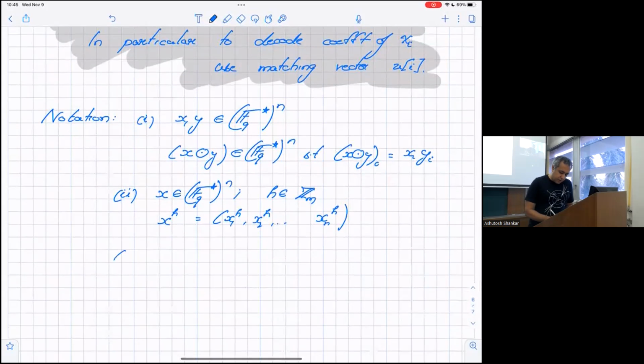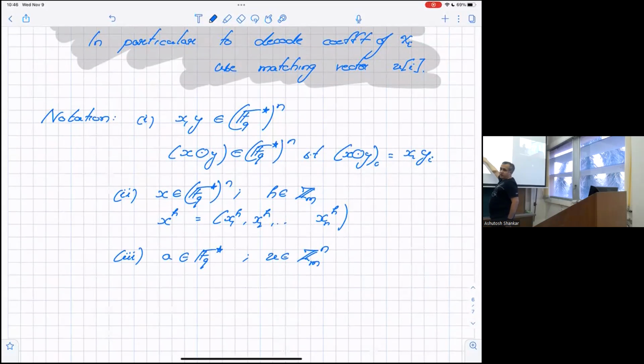And I'm going to do the other way also. Suppose I have an A in F_q star and a U in Z_m^n. Think of this as an exponent vector.